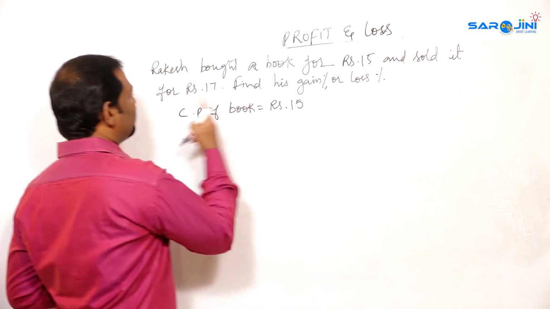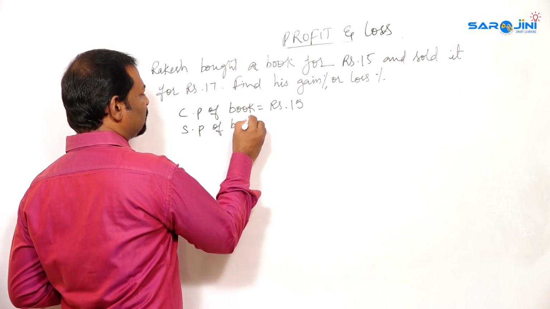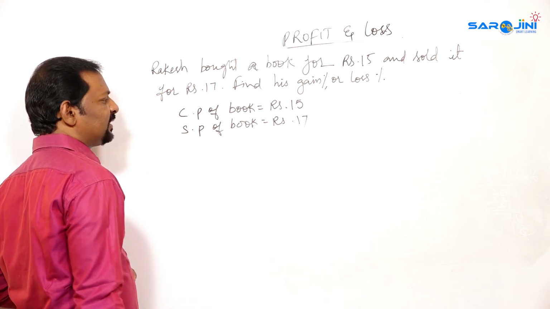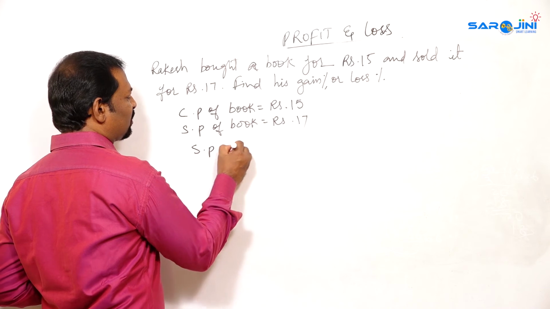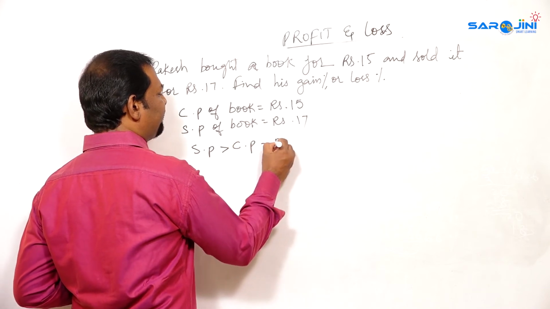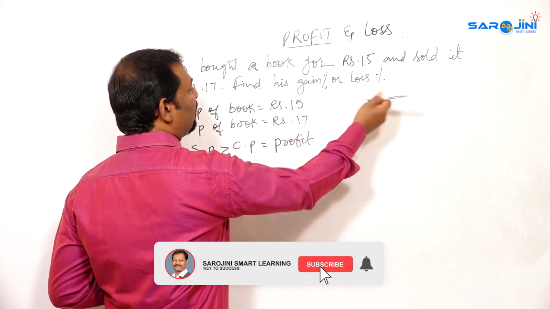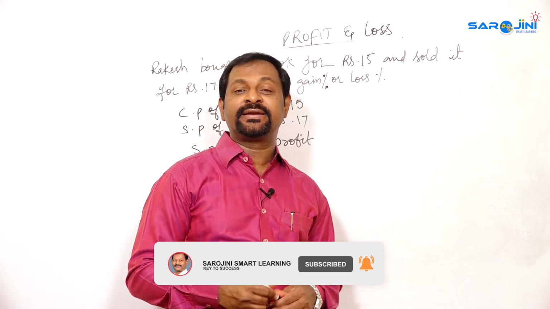And then he sold it for rupees 17. That is, the selling price of the book is 17 rupees. Now if you see, the selling price is greater than the cost price, which means profit. And the question is to find the gain percent or loss percent. We don't know whether it is gain or loss.